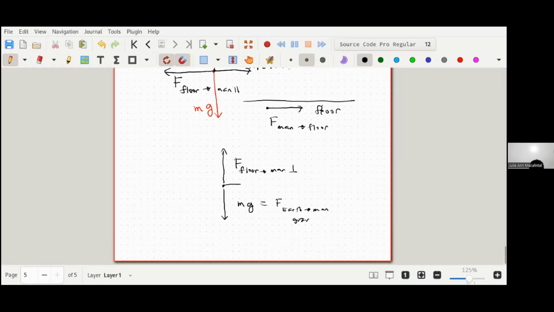Tapos, merong force from the rope acting on the man. And merong force from the ground. Actually, para siya mag-accelerate to the left, should be longer. Floor acting on the man parallel.